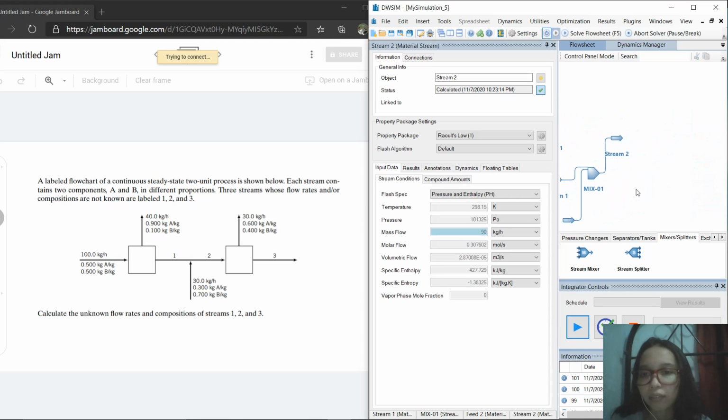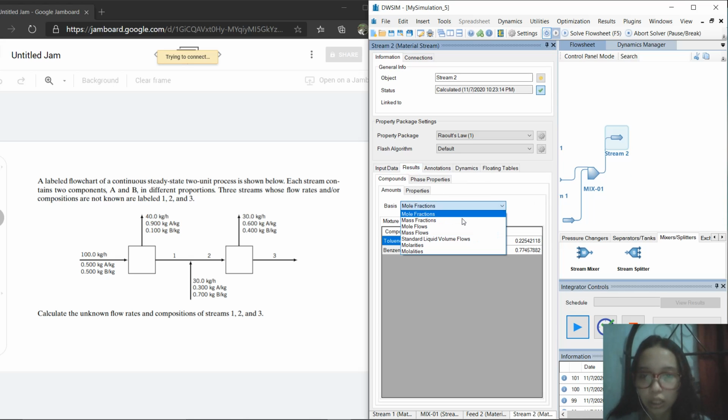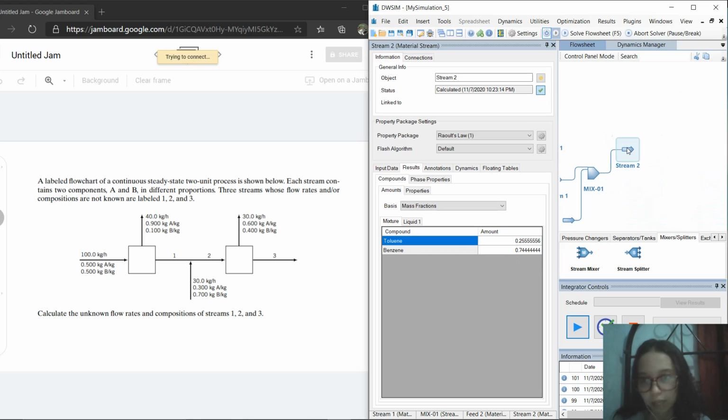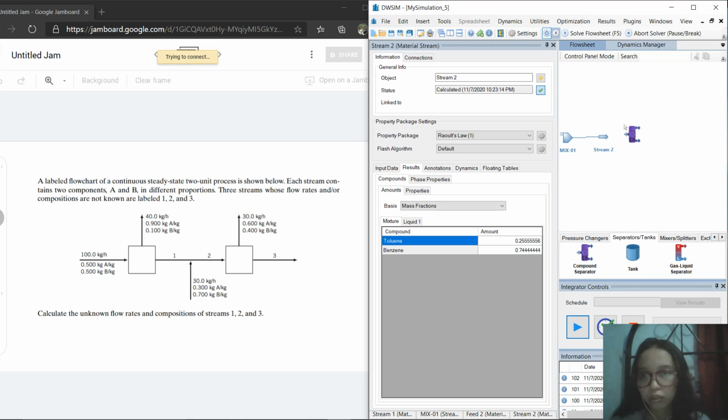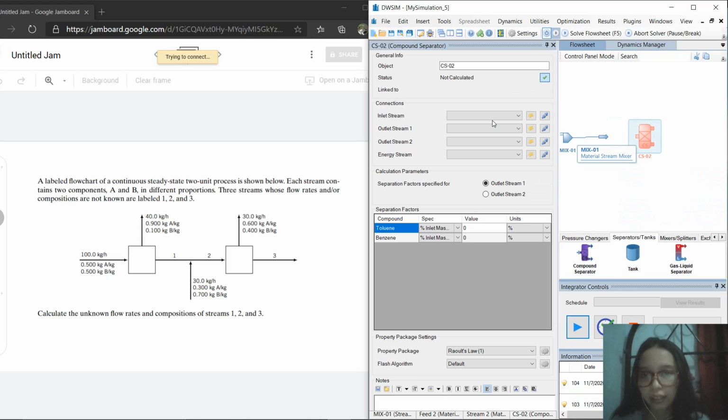Now we have the mass flow rate of stream 2, which is 90 kg per hour, and its composition is 26% A and 74% B. Stream 2 again is separated, so we're going to use compound separator again and connect stream 2 as the inlet stream.